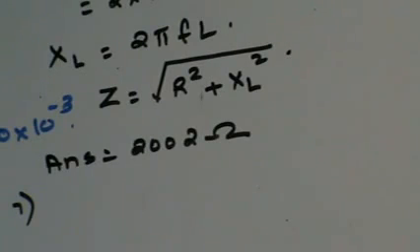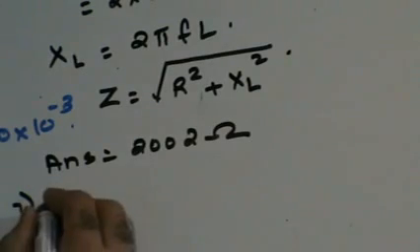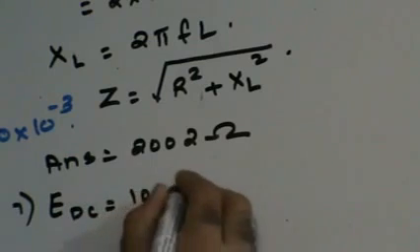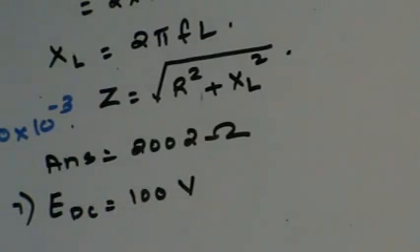Next, take down next sum please. When 100 volts DC is applied to a coil, a current of 1 amp flows through it.